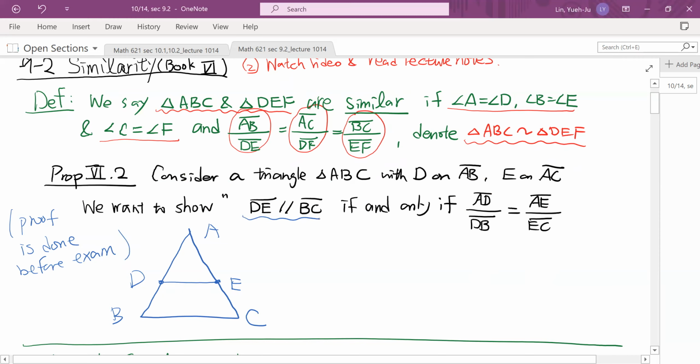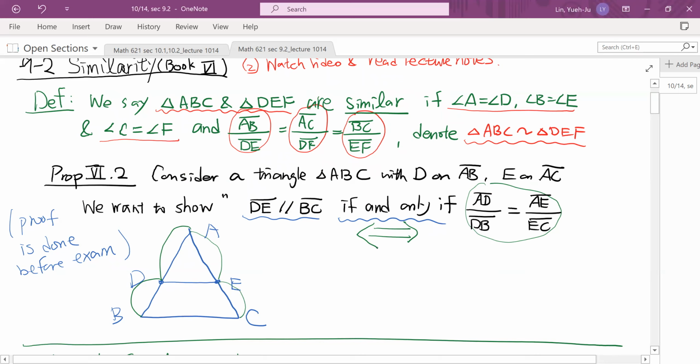and this is a biconditional statement: if and only if you have the sides in proportion. This tells you that AD divided by DB is equal to AE divided by EC. The "if and only if" means the statement goes in both directions.